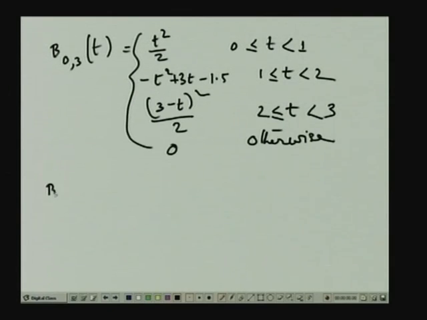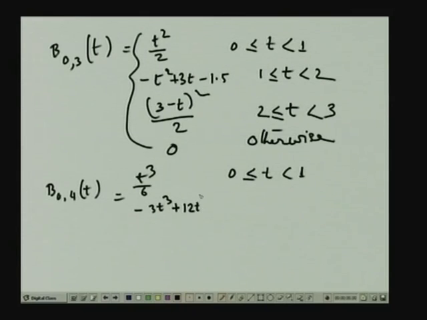Similarly, we can also find out b 0 4 t will be equal to t cube by 6 for 0 less than or equal to t less than 1. It will be equal to minus 3 t cube plus 12 t square minus 12 t plus 4, by 6, for 1 less than or equal to t less than 2.